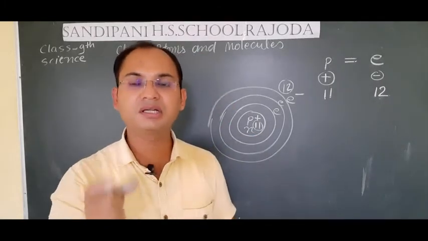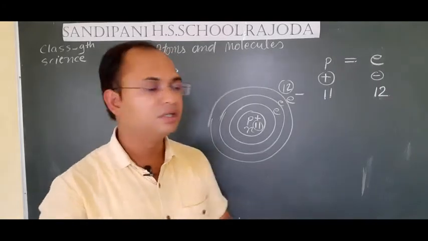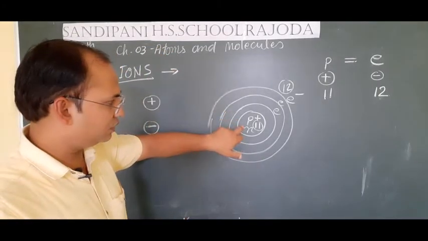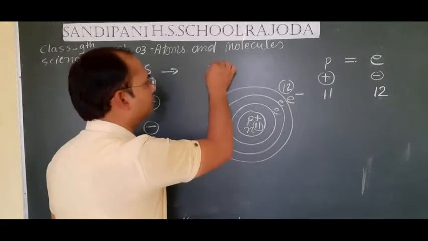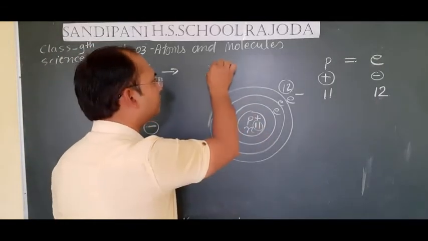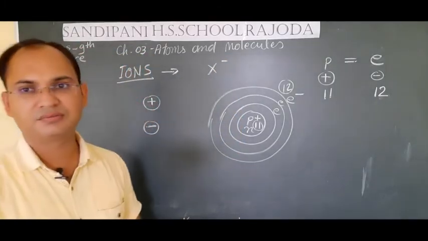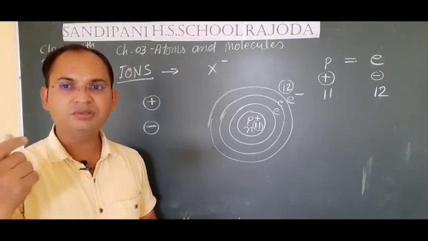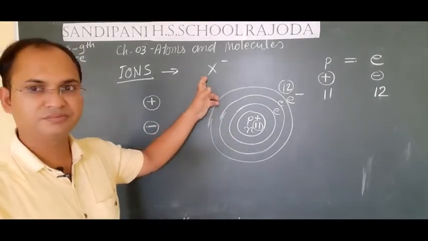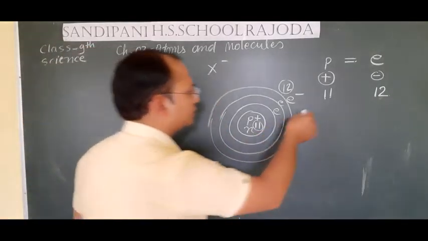One more electrically negative charge will be there. So suppose this is an X atom, the symbol of the atom is X, then it will be written as X minus, because one negative charge is there. It was the first case.